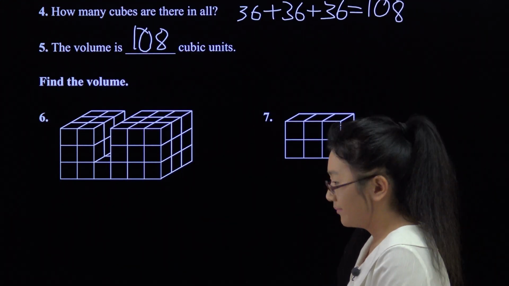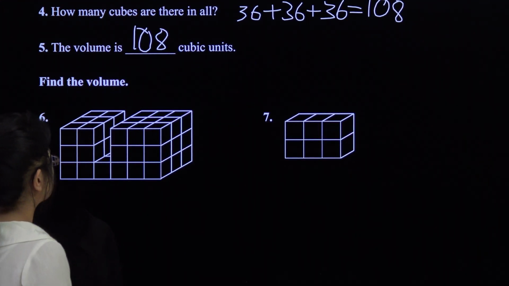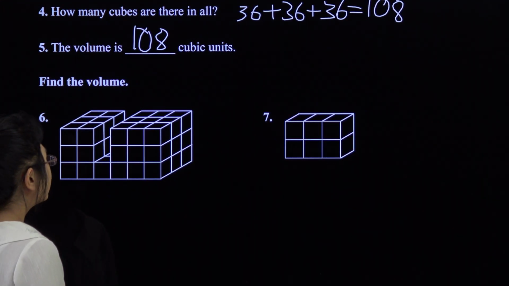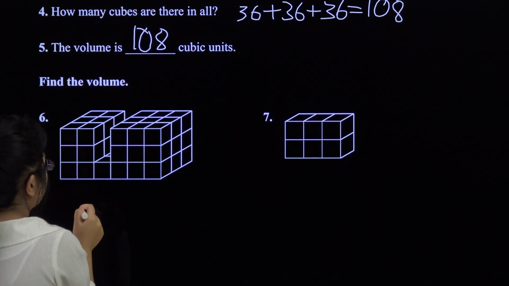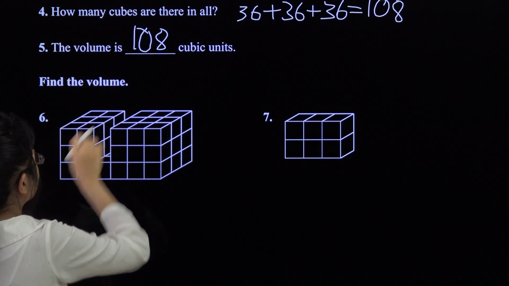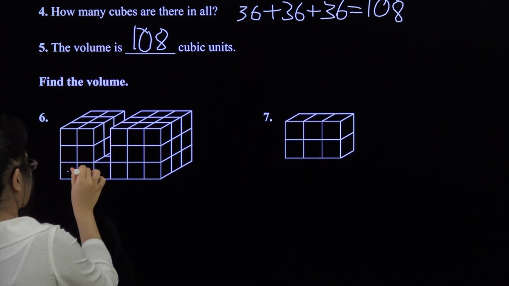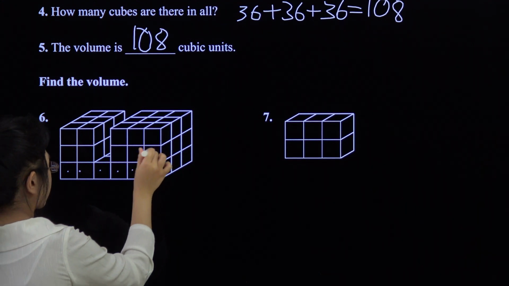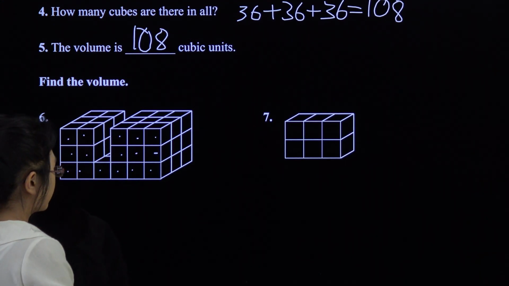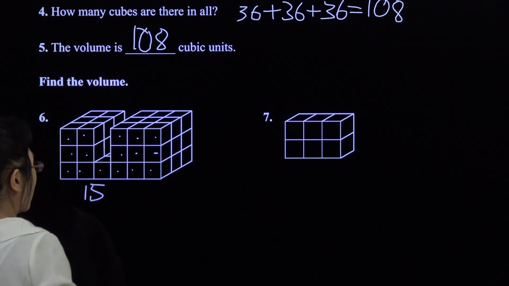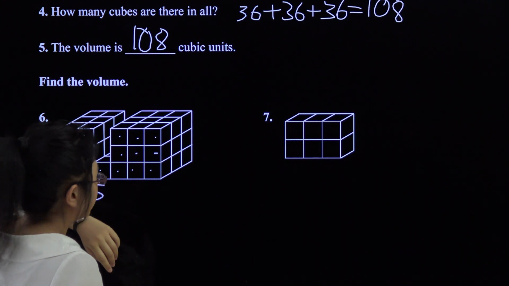Find the volume. Okay? So we have, okay. There's a deep groove over here. But there's 1, 2, 3, 4, 5, 6, 7, 8, 9, 10, 11, 12, 13, 14, 15. 15 in one layer if you turn the shape around.